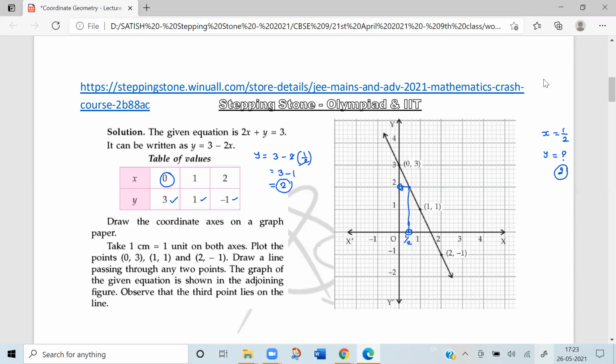Now, from the graph, you calculate when y equal to 3 by 2, what is the x value from the graph?